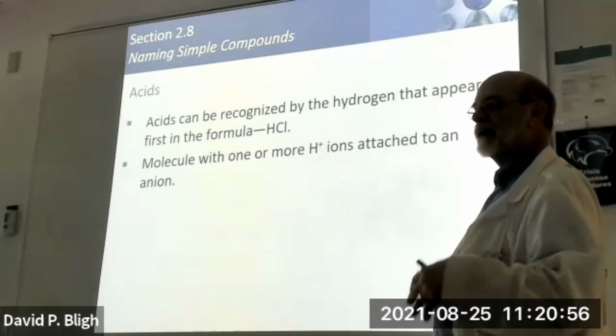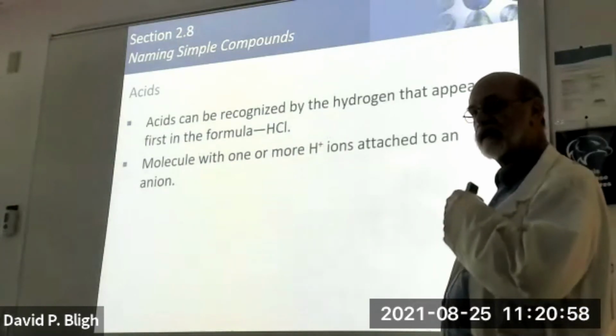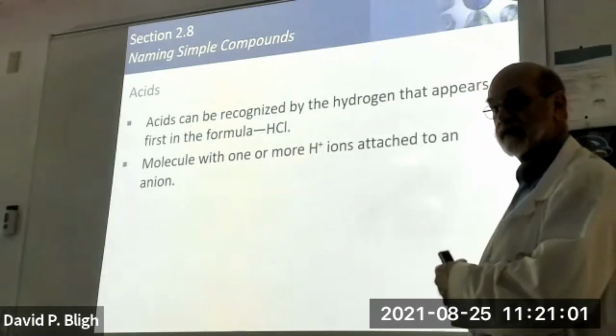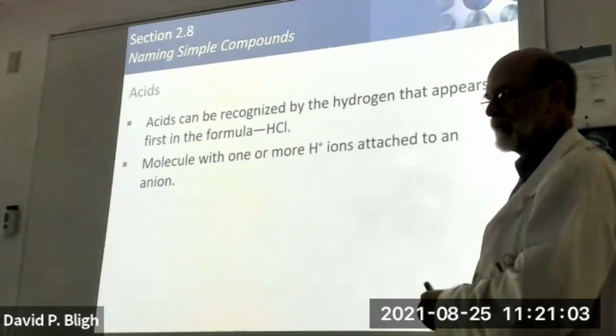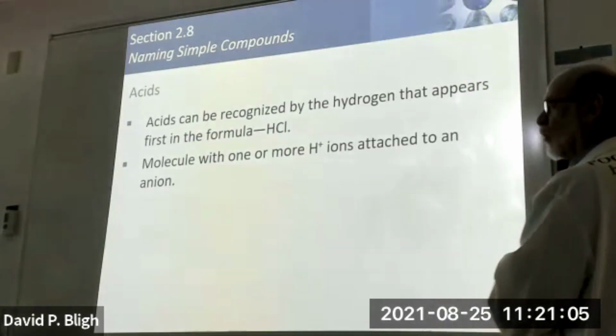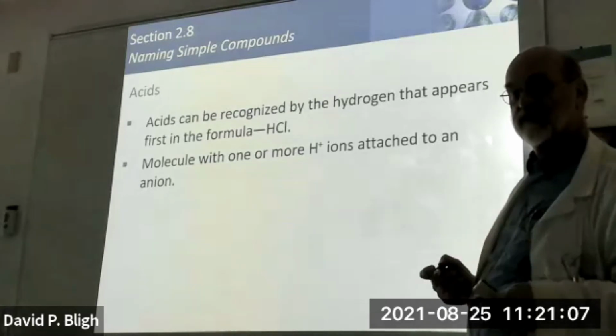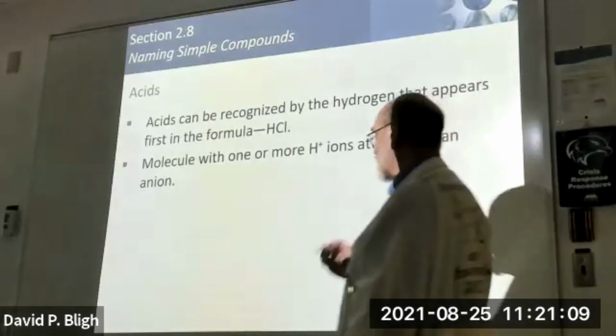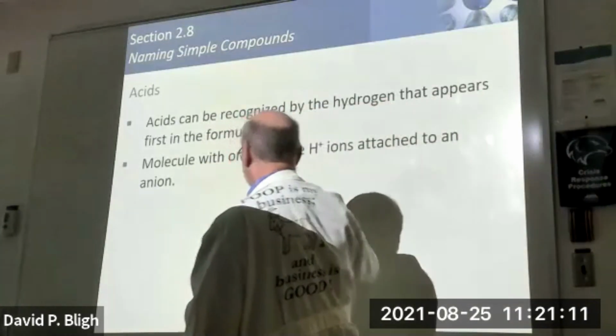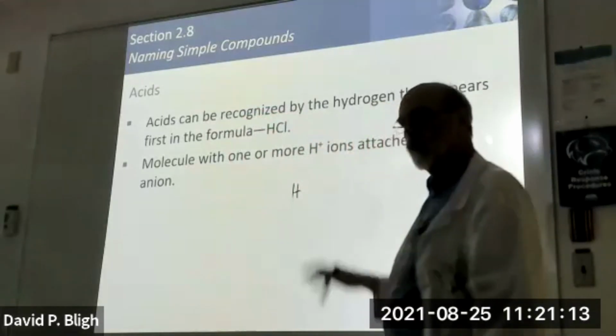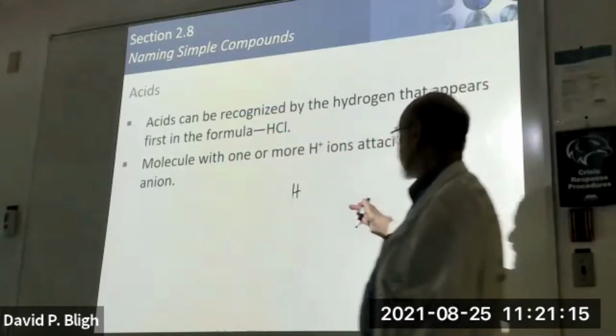We've inherited, it's grandfathered in, a lot of the naming conventions for acids. So we just try to standardize them. So what do you need to have to be an acid? Well, we know now that acids always start with hydrogen. Usually 1, 2, or 3 of them, and then something else.